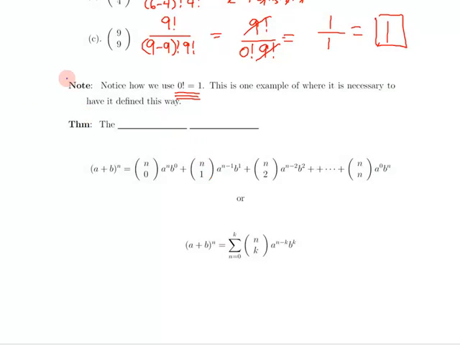So here's the binomial theorem stated. The binomial theorem says, if I can spell, sorry, that a plus b to the nth is the following.